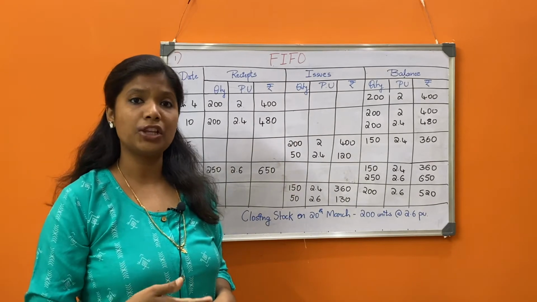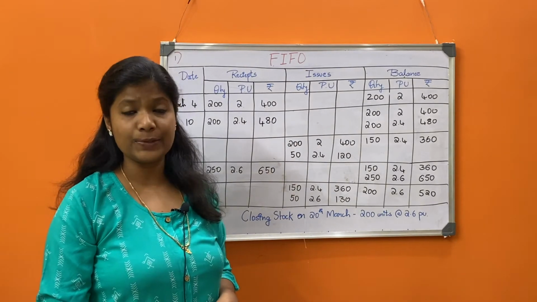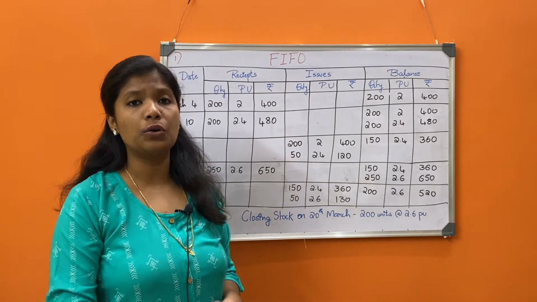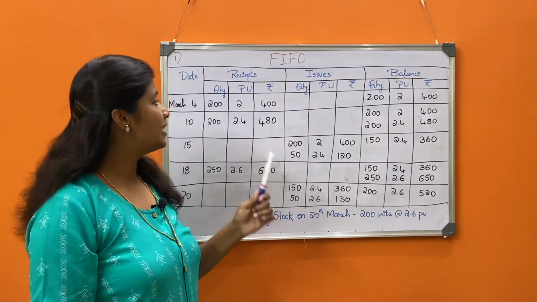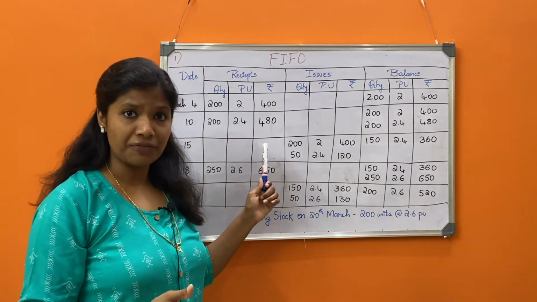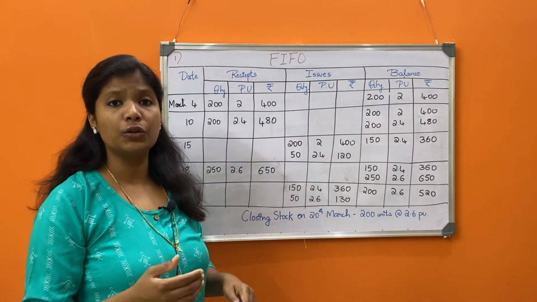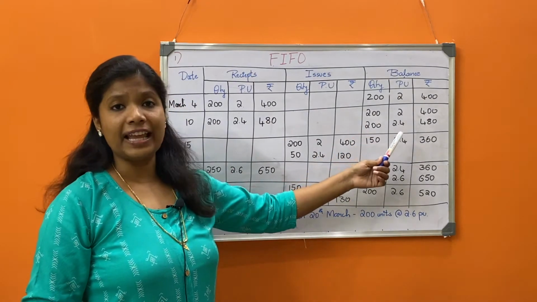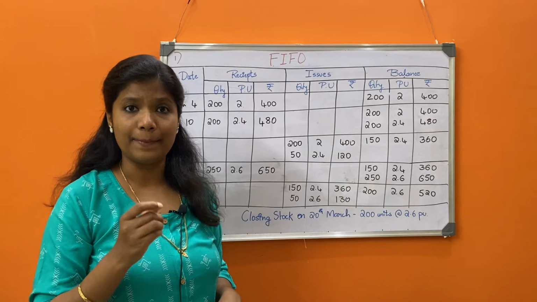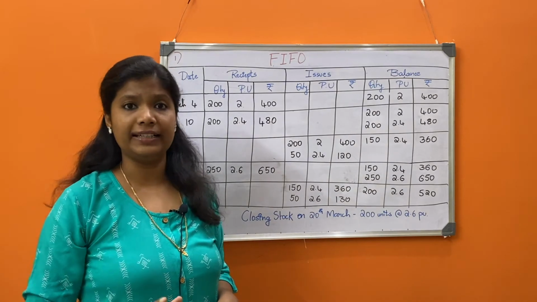Issue is when you're issuing to your customer, that is when you are selling your goods. So goods are moving out of your factory. Receipts is goods are coming into your factory. Issues are goods moving out of your factory. And so for every day, you will want to know the balance as per that particular date.